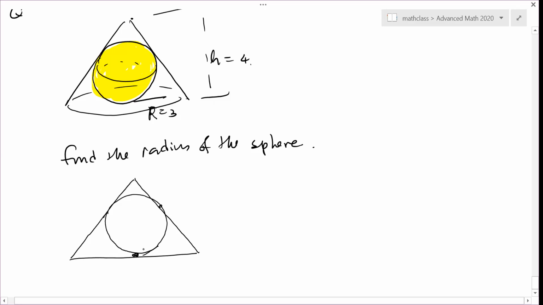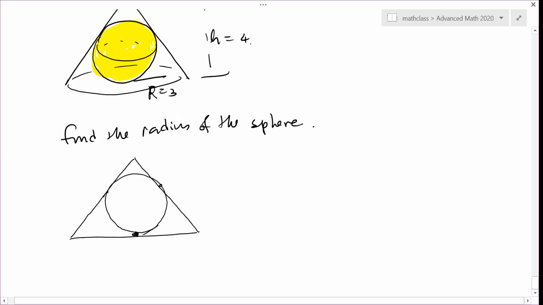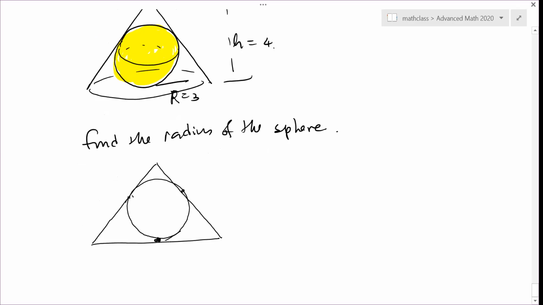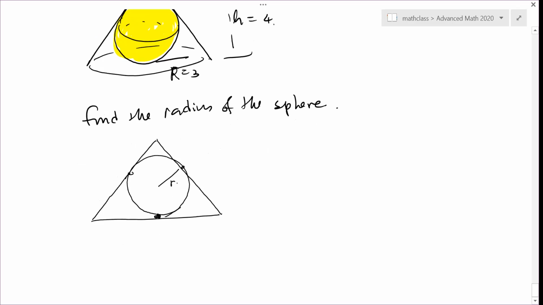Okay, right? So I want to find the radius. What are we given here?